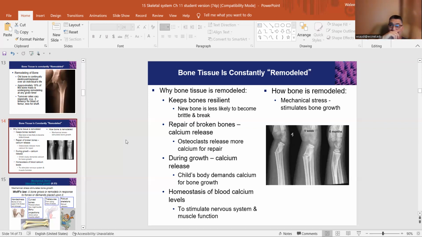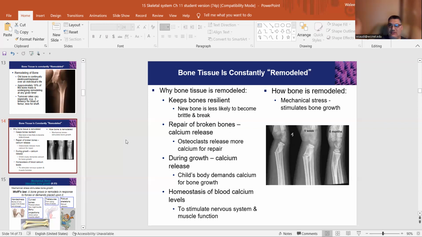But if I am exercising, your osteoblasts will take the upper hand. They will say, okay, it looks like we need to be stronger to be able to exercise. So I'm going to take the upper hand above the osteoclasts. What are you going to do? I'm going to take calcium and put it in the bone so that the bone grows and becomes thicker, stronger.